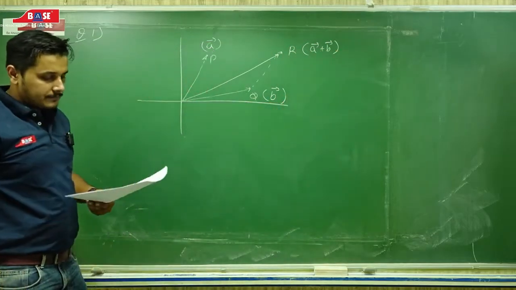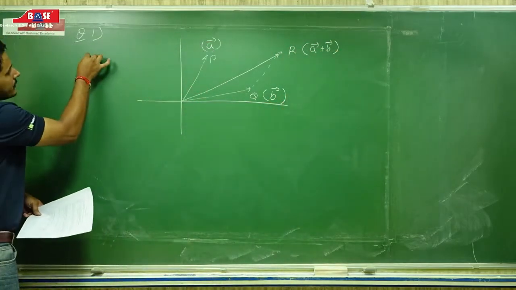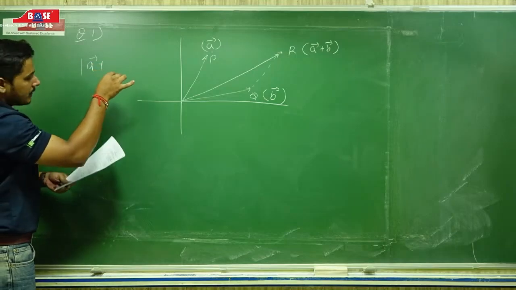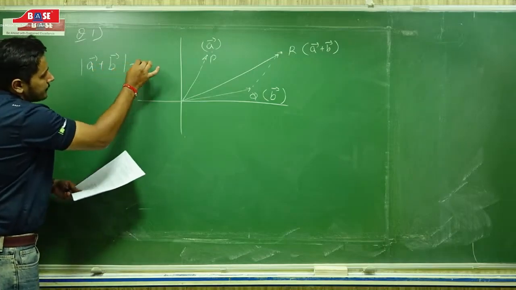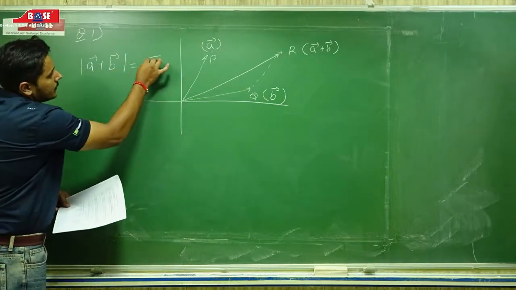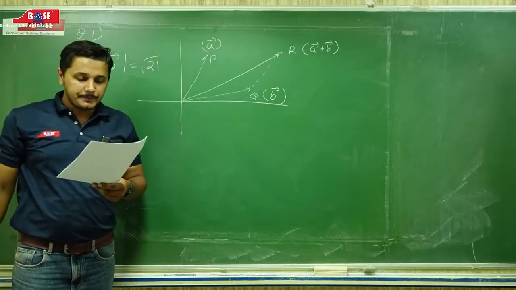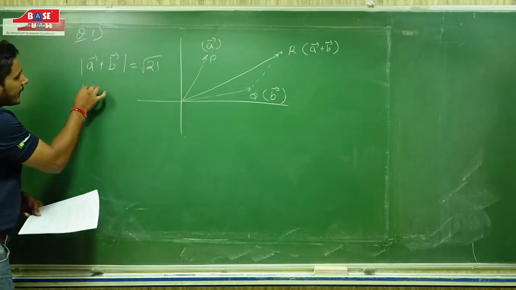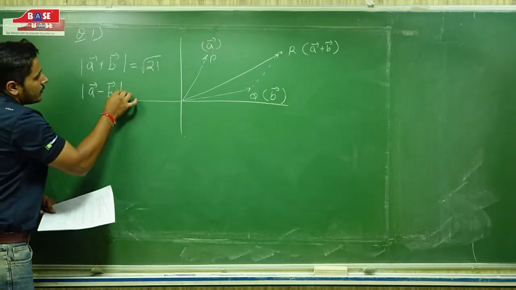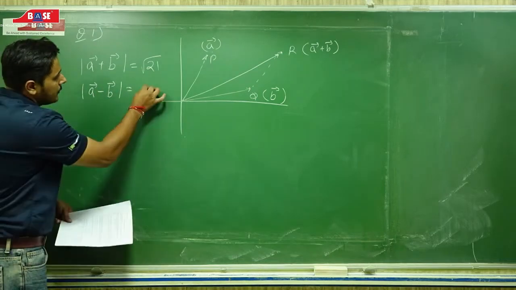Now mode is given in the question. This much information is given. Mode a plus mode b is equal to under root 21, and mode of a minus mode of b is equal to 3.